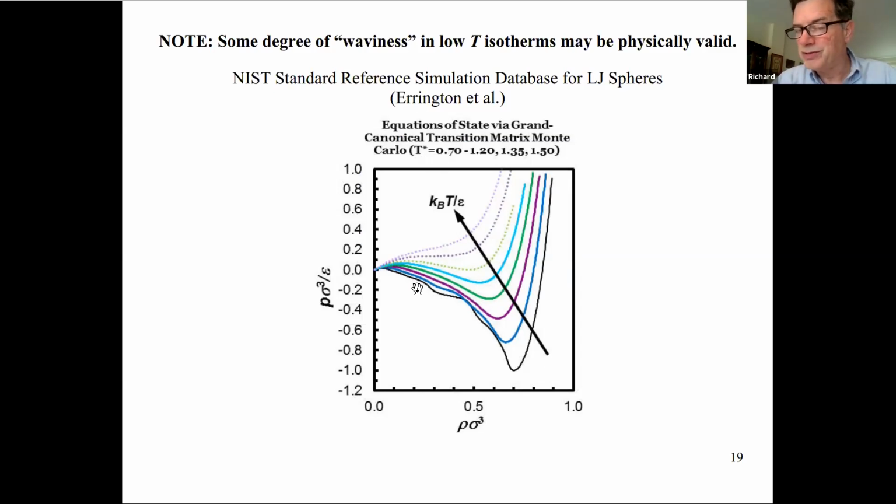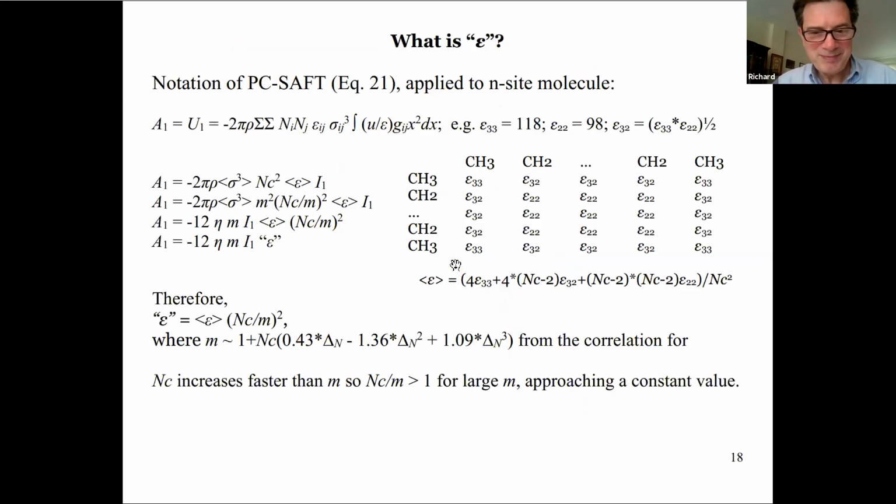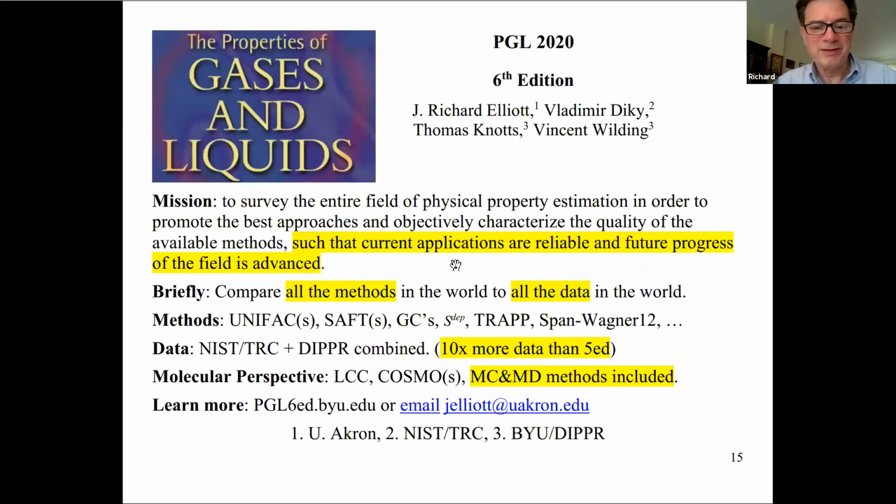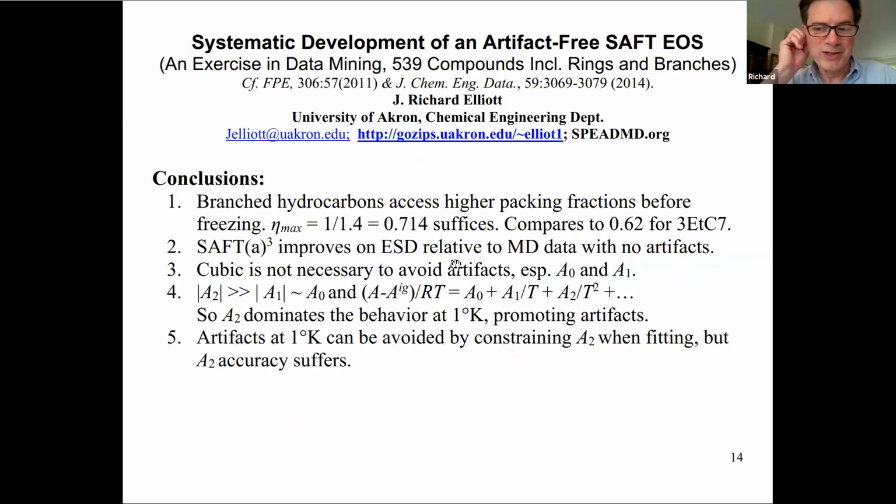And so it's not unreasonable to see some waviness. But these curves should not be so wavy that they go up and cross the x-axis again. So that's something to think about, that the A2 term that we observe is kind of being reflected in this waviness. And what about the A3 term? We should think about that. So let me leave it there and see what questions you might have.